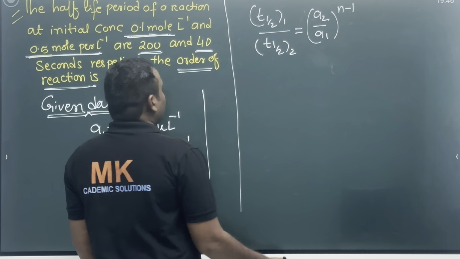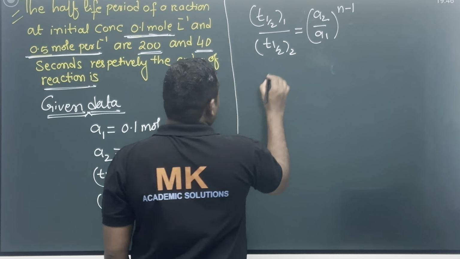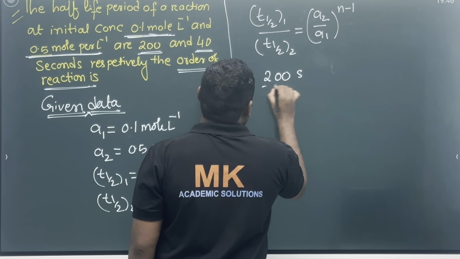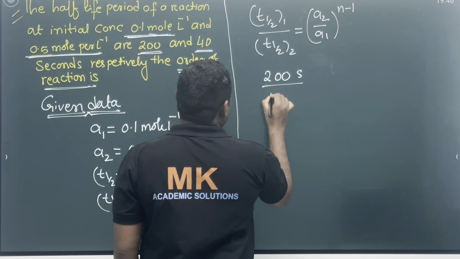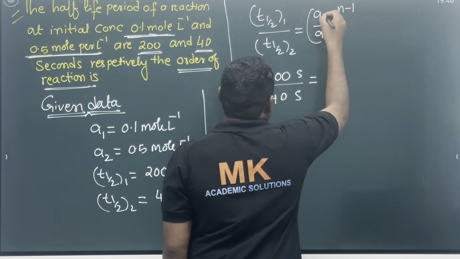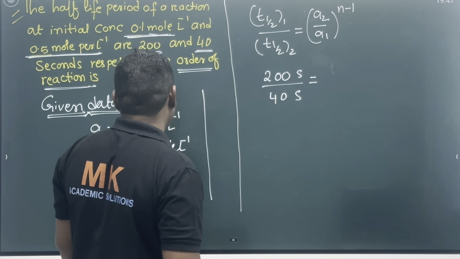Okay, so now T half 1, what is the T half 1? That is 200 seconds, and T half 2 is 40 seconds. That is equal to A2 by A1.